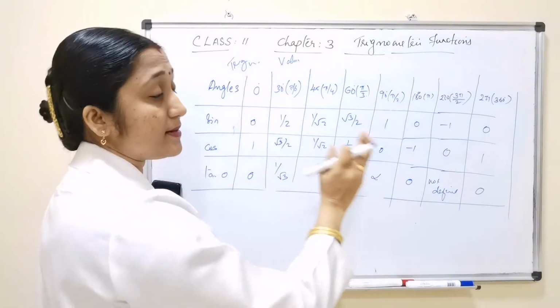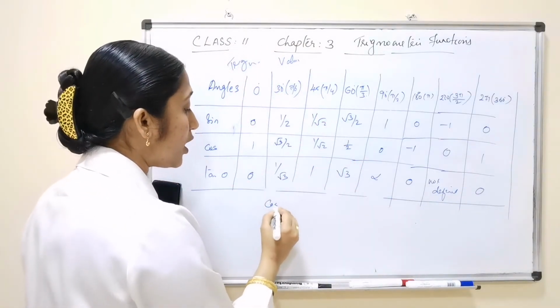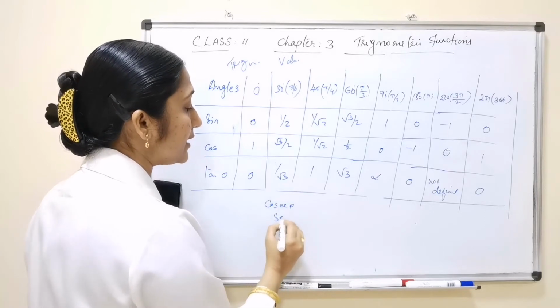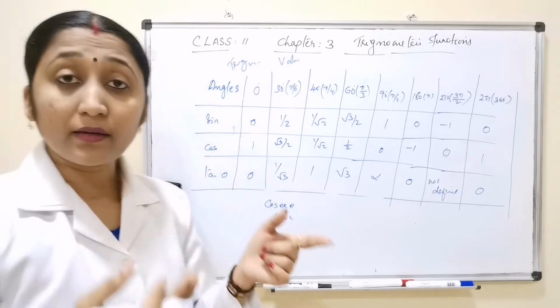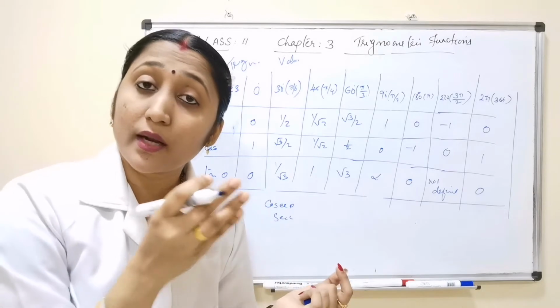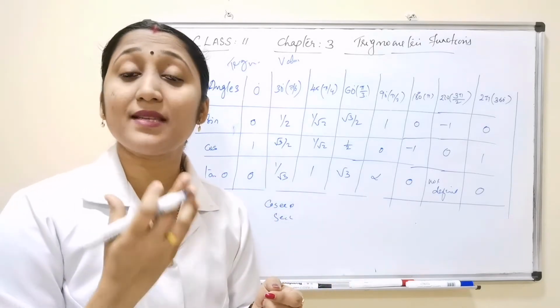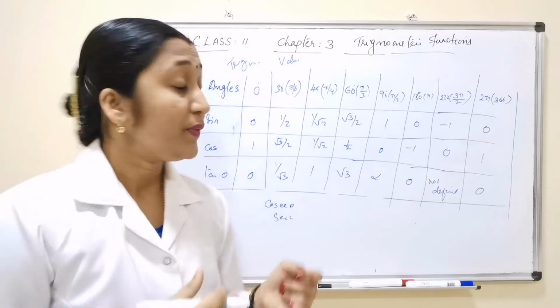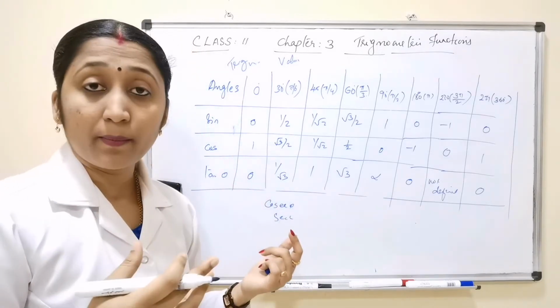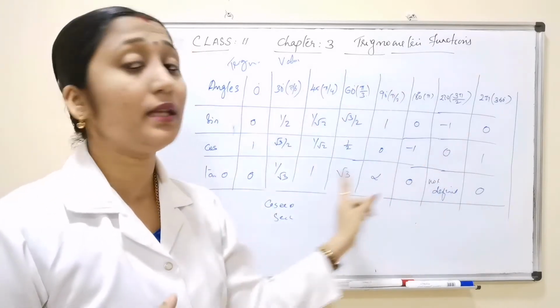If you know this table, it is easy to find cosec theta and sec theta, because if we know the sine value, the cosec value is the reverse, 1 by sine. If you know the cos value, sec is 1 by cos, and cot is 1 by tan. So we have to memorize only this table.